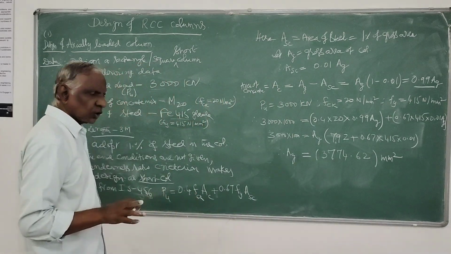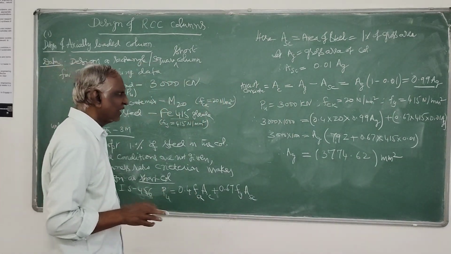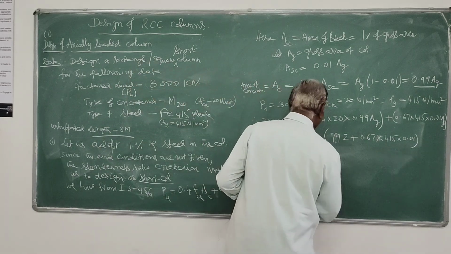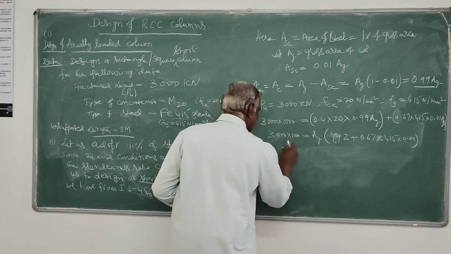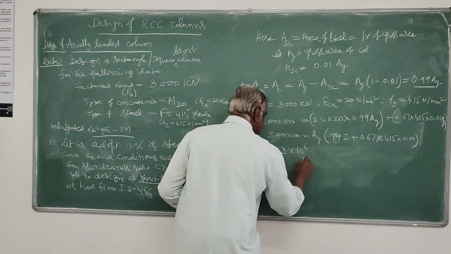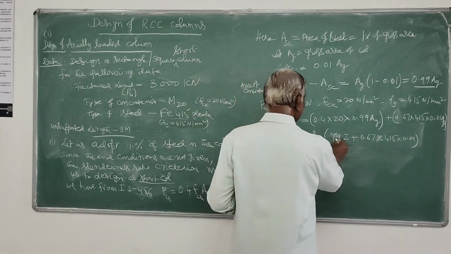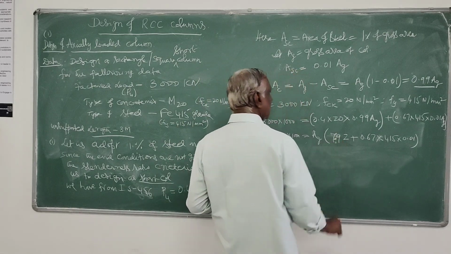Only this much, are you sure? Yes, sir. No, it's 0.4 into 20 into 0.99. Calculate thoroughly. So that is 7.92, right, sir? Yes, that is 7.92. Yes, sir, I made a mistake.